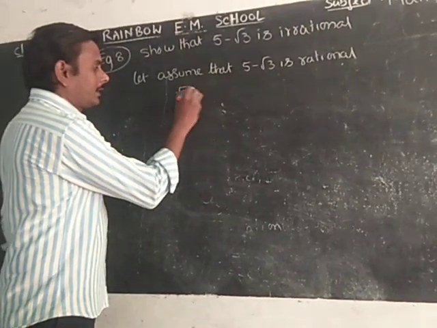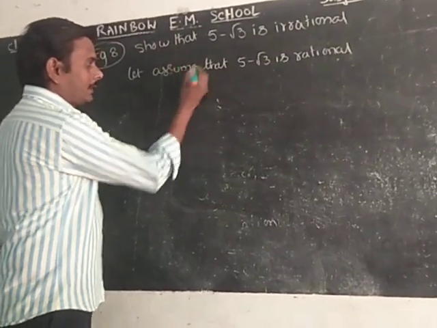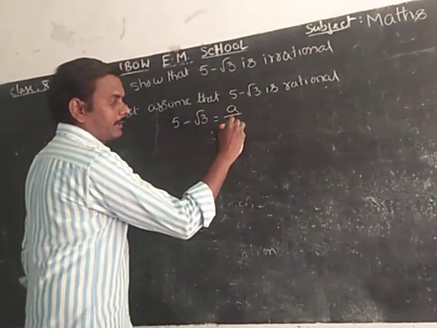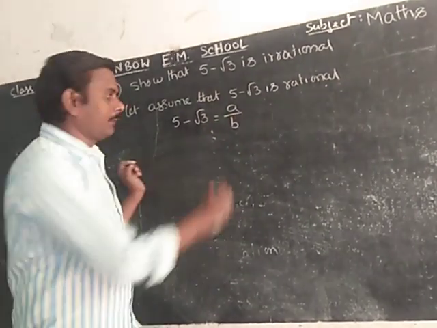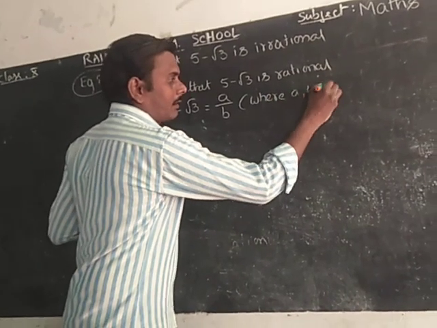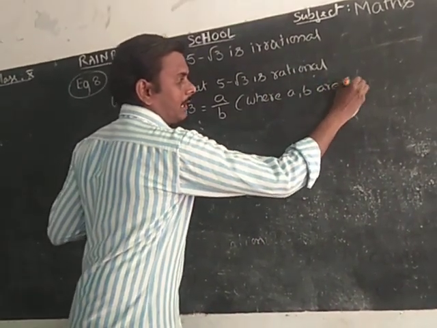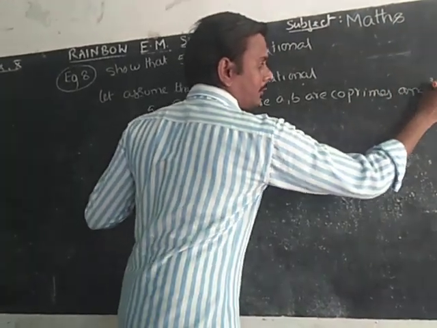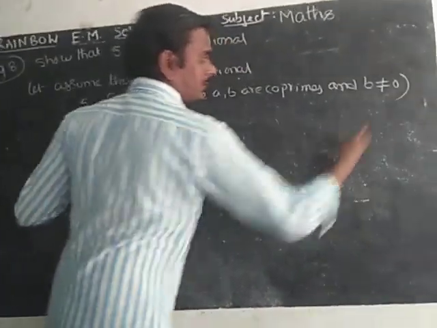Rational means 5 minus root 3 equals the fraction a by b, where a, b are co-primes and b is not equal to 0.